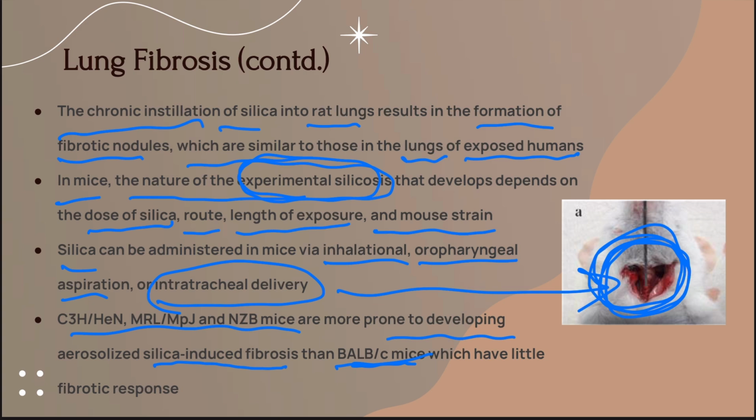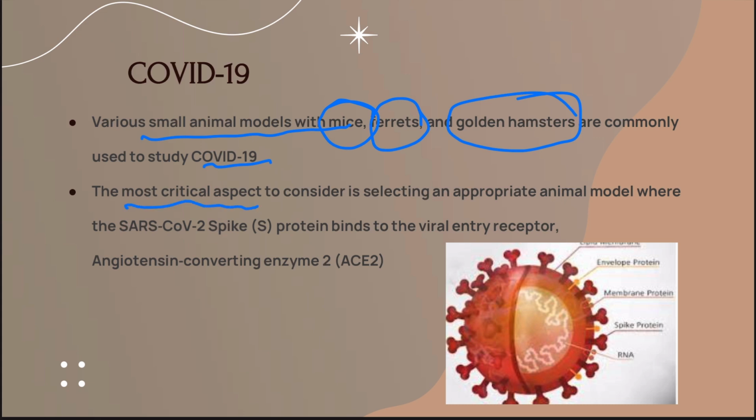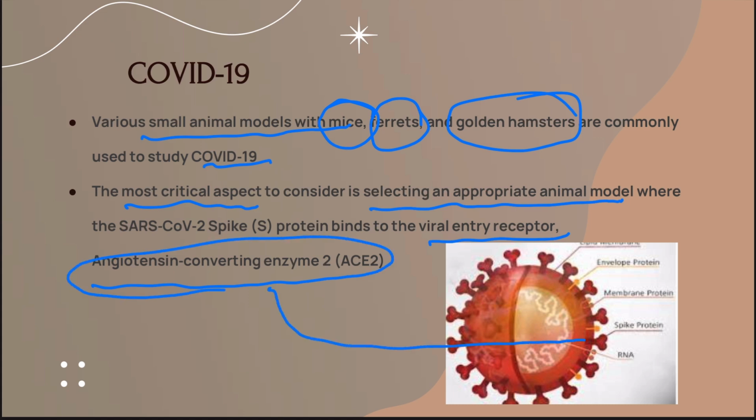Now coming to COVID-19. We have various animal models for COVID-19: we can use mice, ferrets, and golden hamsters for screening drugs for COVID-19. But the most critical aspect to keep in mind is that when selecting an animal model, it is appropriate only when the viral entry receptor, angiotensin converting enzyme 2, is present in that animal for the spike protein of the COVID-19 virus, that is the SARS-CoV-2 spike protein.